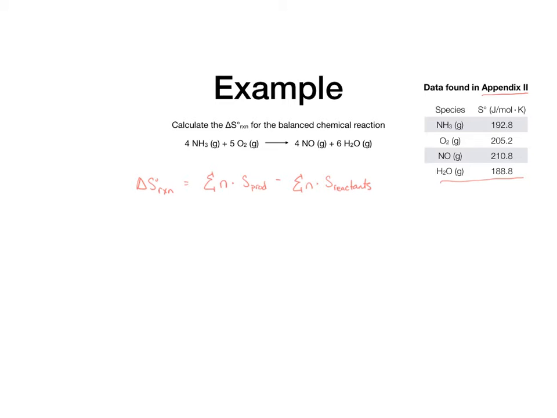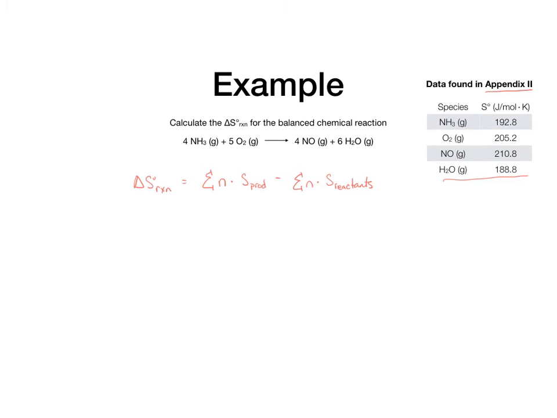Okay, so to do this, what we're going to have is that delta S of the reaction is going to be equal to, I'm going to start with the products.